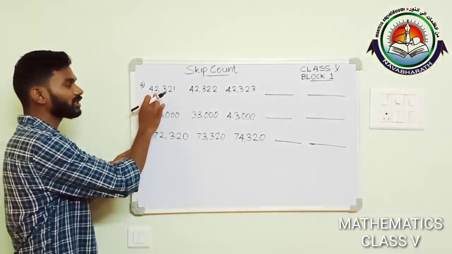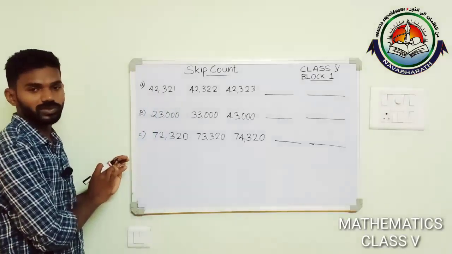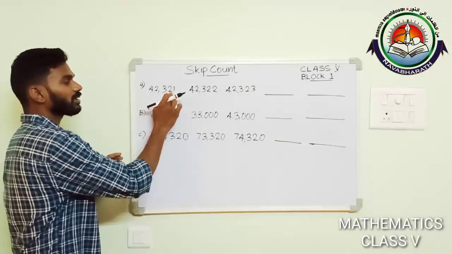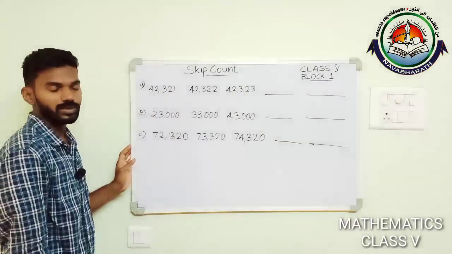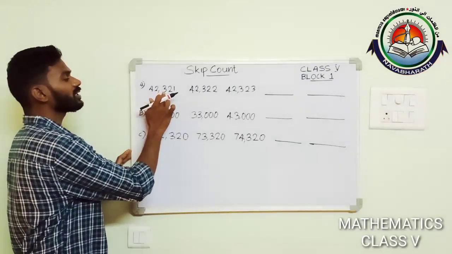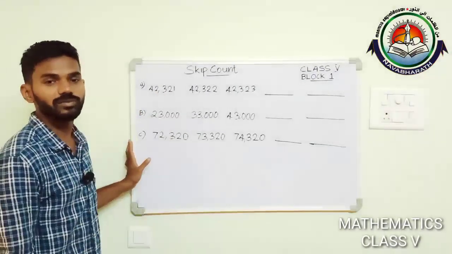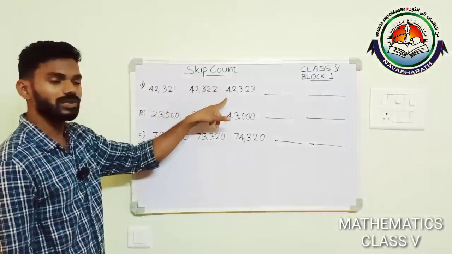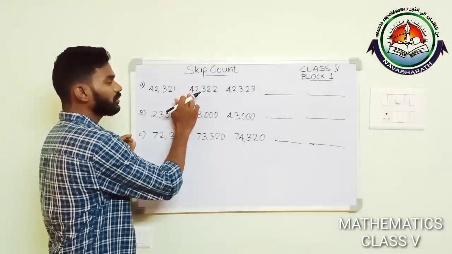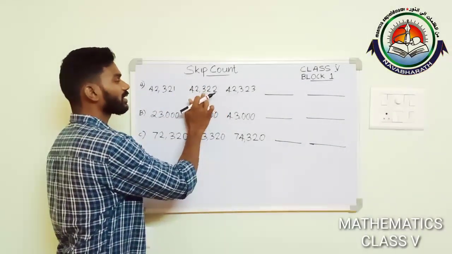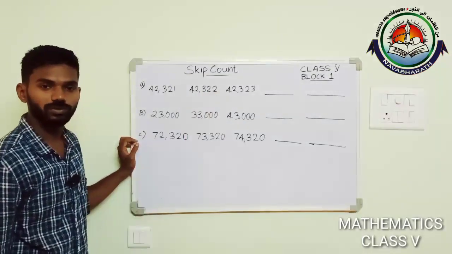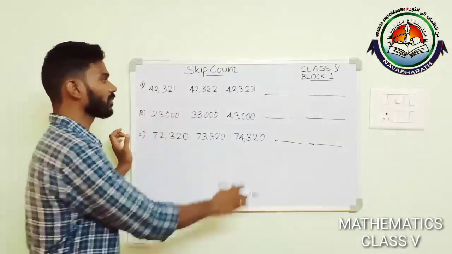How many 10,000s? 42,000s. Then 321. So this is 42,321. Which is the next number? 42,322.